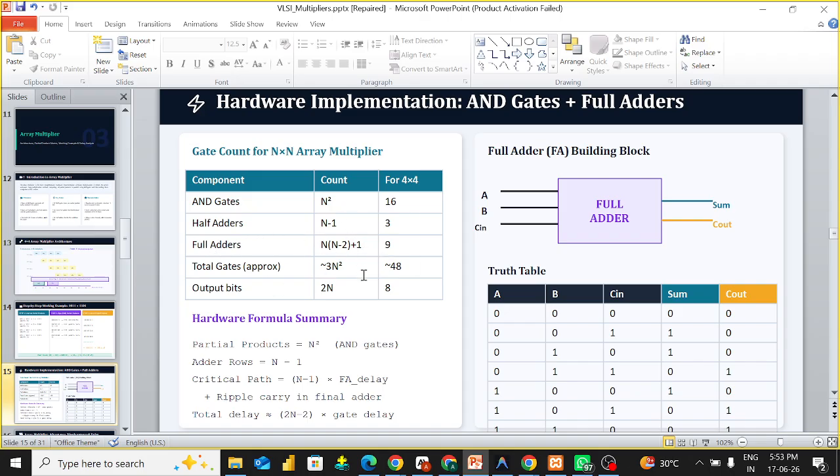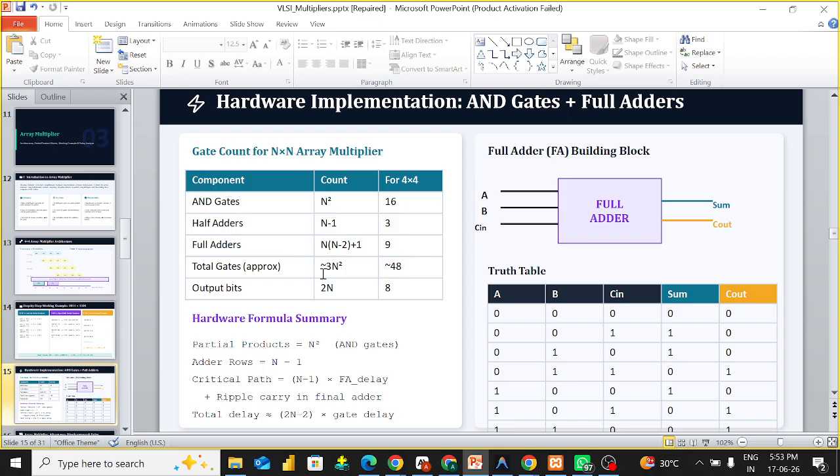And the total gates formula is this. What is the formula? 3n square. What is the n you have here? 4. For 4 it is 16. 16 times 3 is 48.